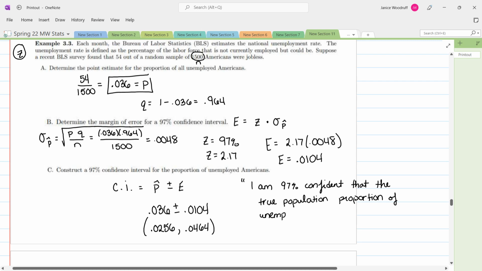Yeah. Is between 2.56% and 4.64% based on this sample.